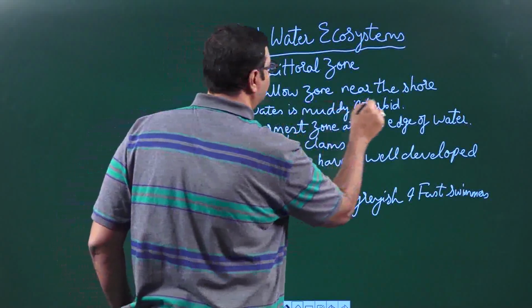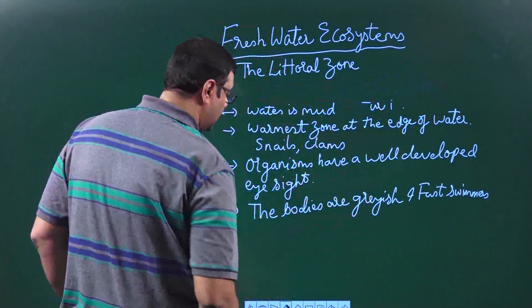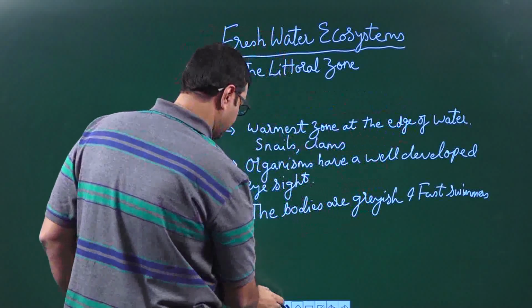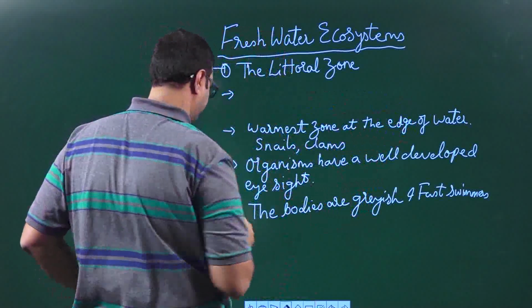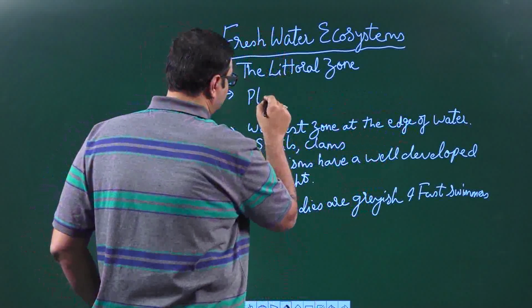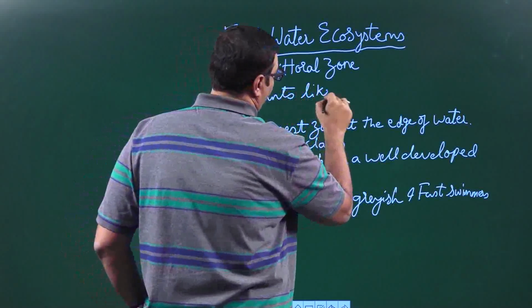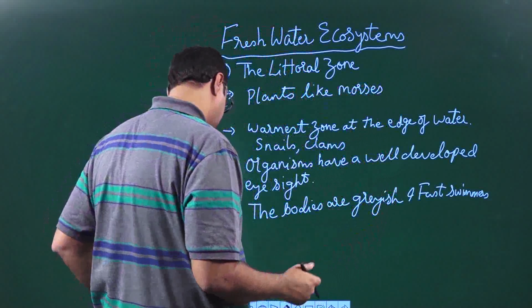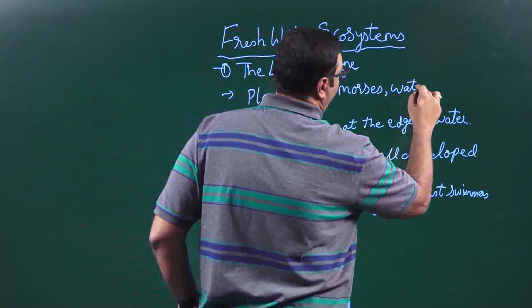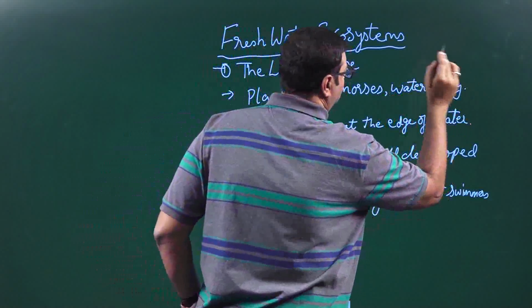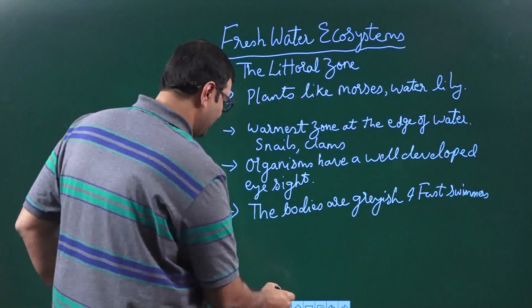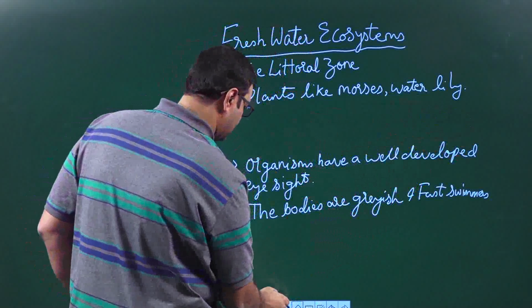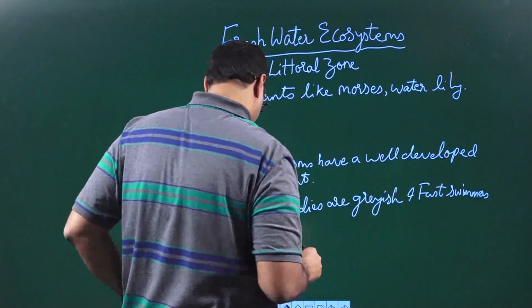When we are talking about plants in the littoral zone, plants like mosses are seen here, and water lily is also seen here.